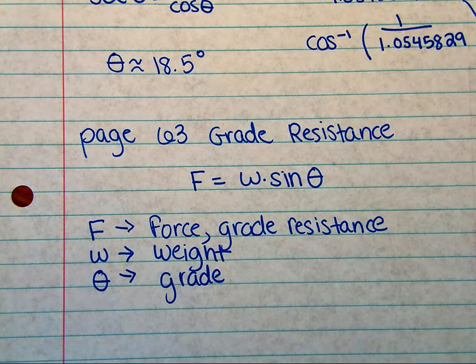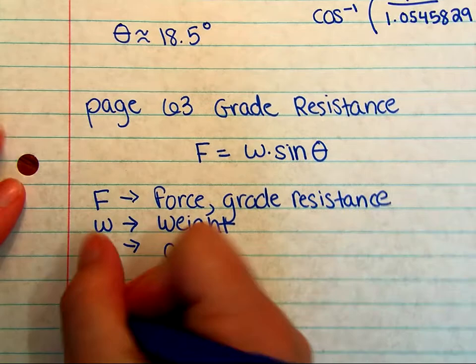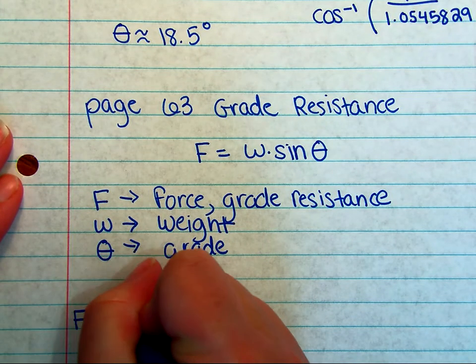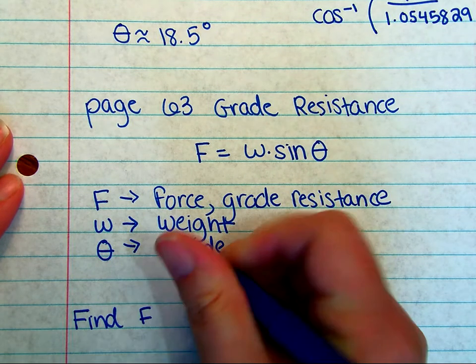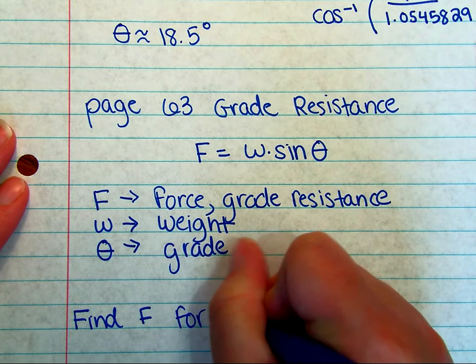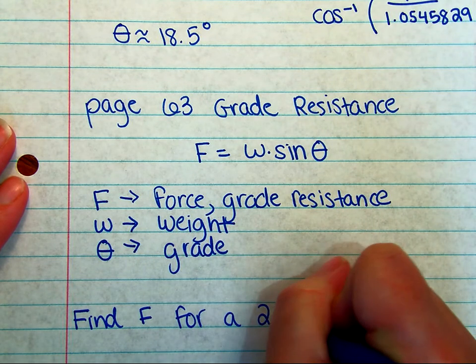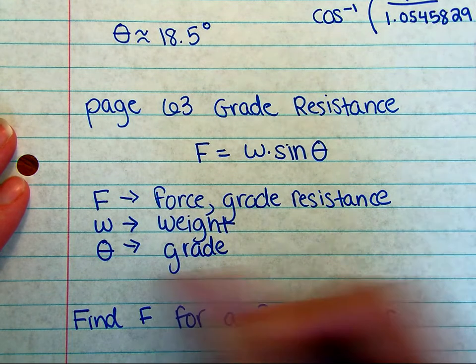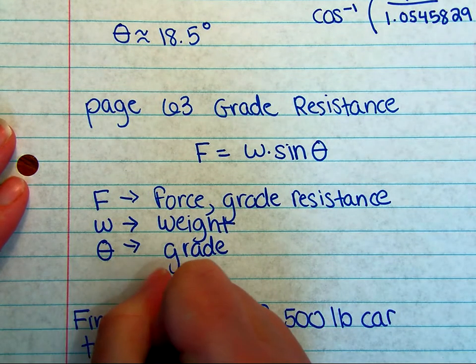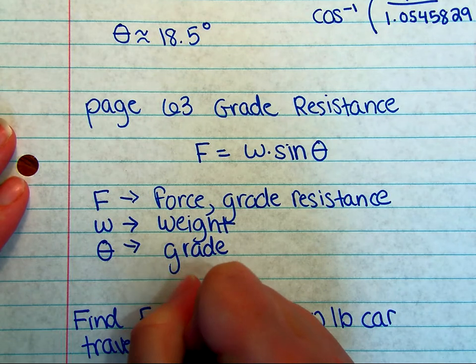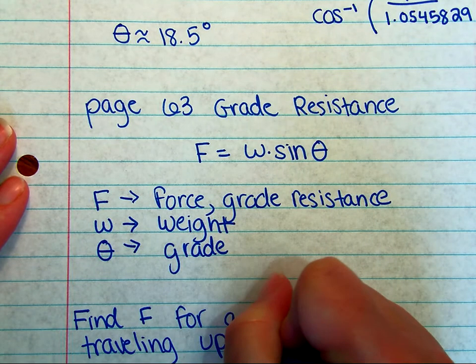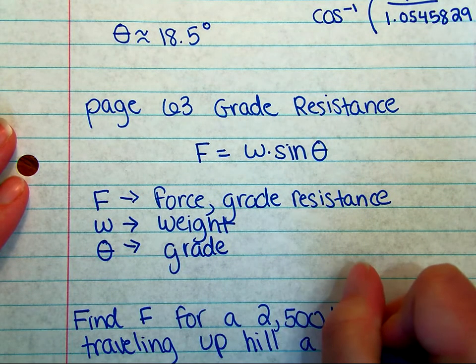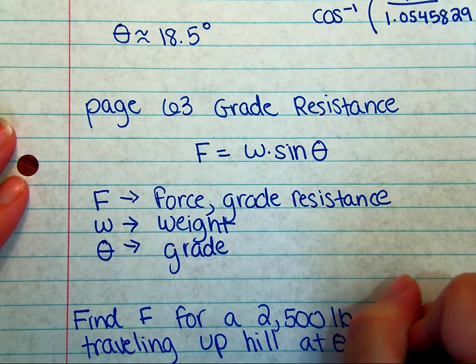Okay, so let's find F for a 2,500 pound car traveling uphill at theta is equal to 2.5 degrees.